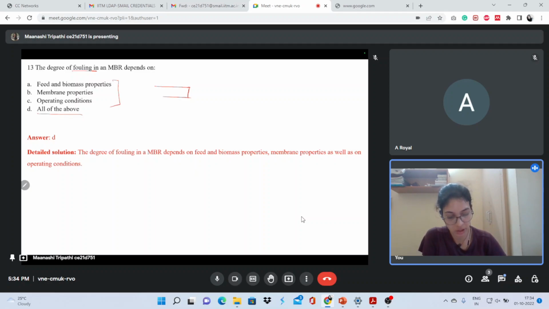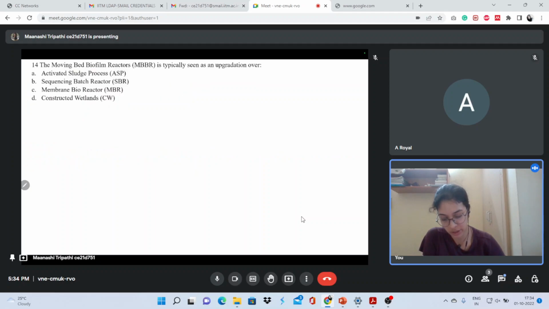Okay, this was a simple question. Moving towards the next question. The MBBR is typically seen as an upgradation over ASP, SBR, MBR, or constructed wetland. So we will add plastic media in one of these units, and that media we will call MBBR.